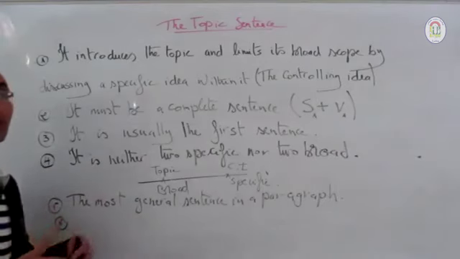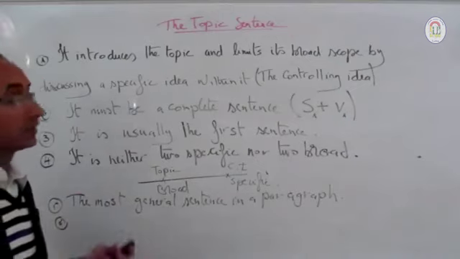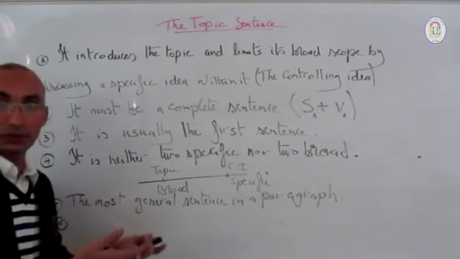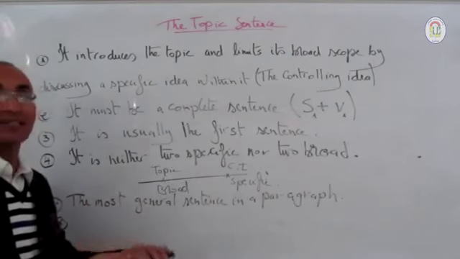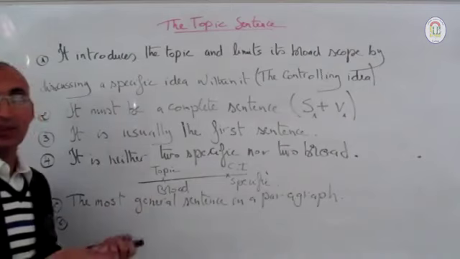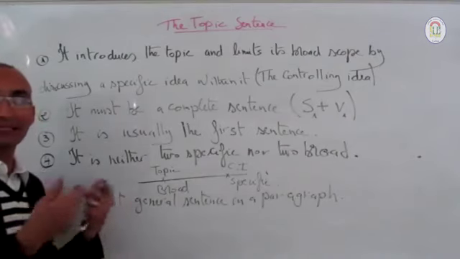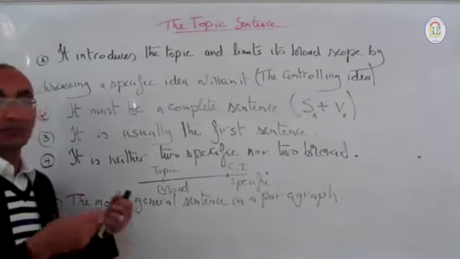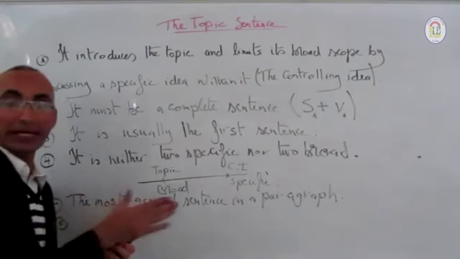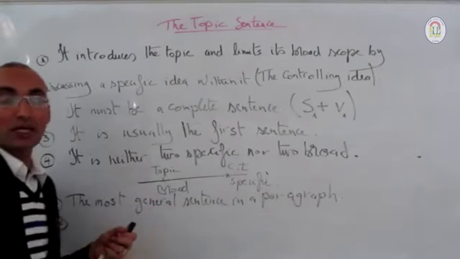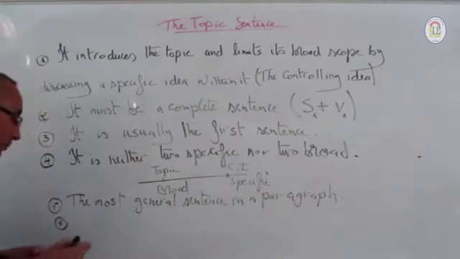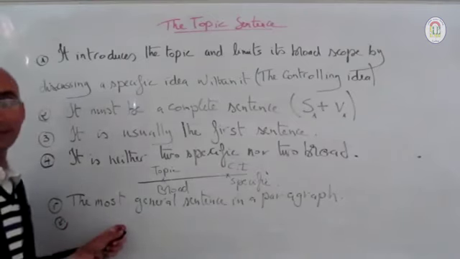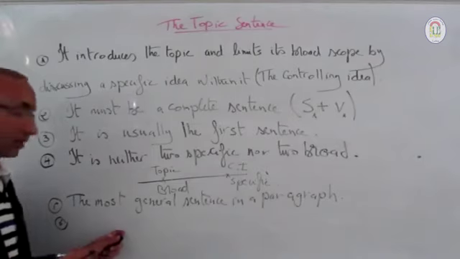We are supposed to inform the reader about the topic discussed in the paragraph. We must introduce, we must inform, rather than ask questions. As you know, we have to be direct and explicit as much as we can, and avoid that indirect way of introducing our topic. So yes, a question is possible, but it is not recommended.